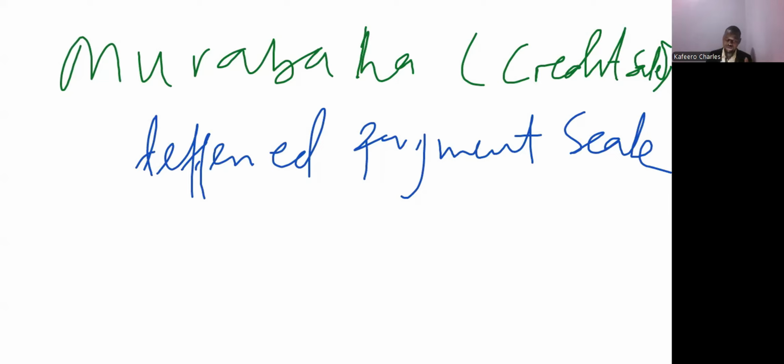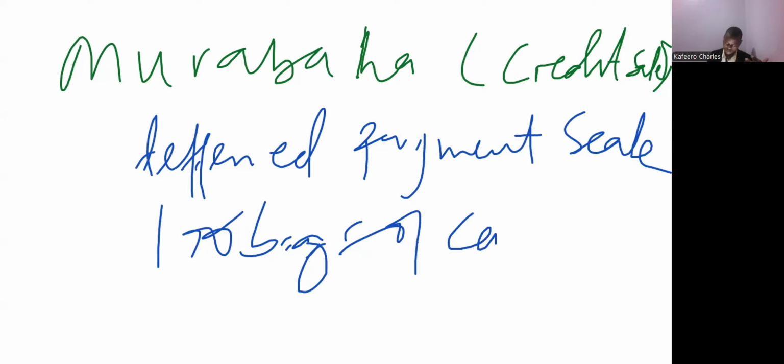In other words, let's say I'm a construction company, and I need maybe 100 bags of cement to construct a building. Because you're a construction company, you have contracted a building, but maybe the owner has not actually paid you the money.